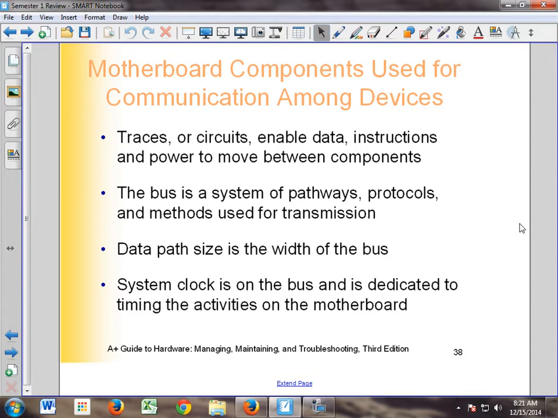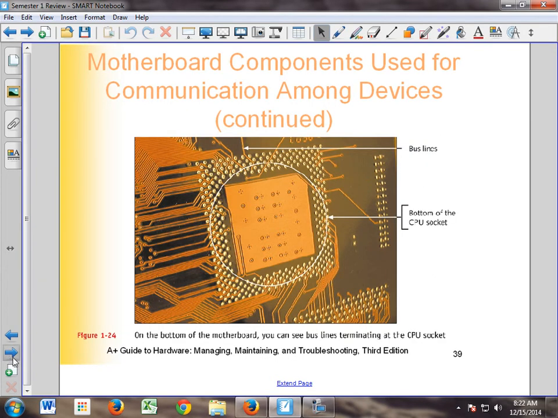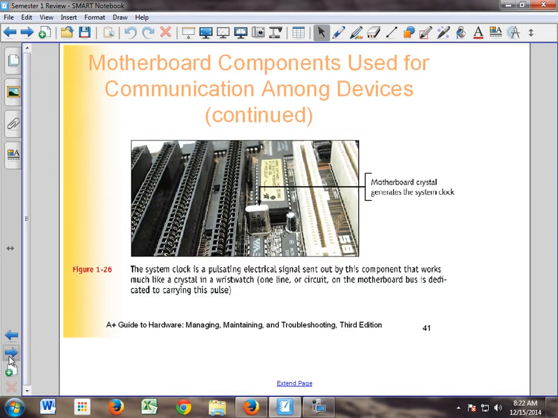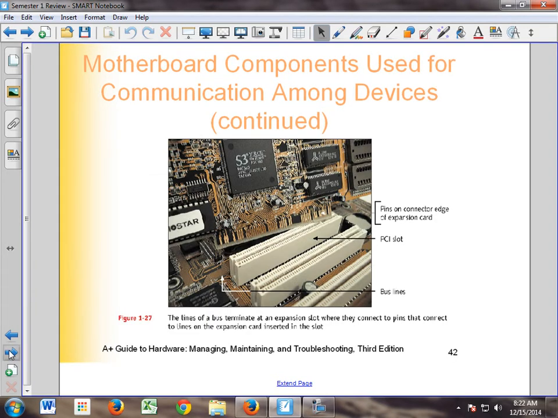The system clock starts to generate clock pulses, and the information all moves around at the speed that the system clock generates clock pulses. And everything terminates at the CPU, because everything's trying to talk to the CPU on the underside of the bus. And that's what the system clock used to look like. It's actually much smaller than that.